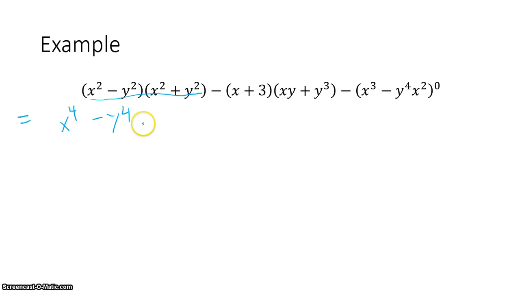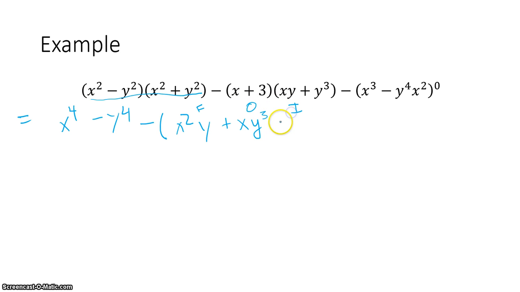Foiling out the next term, we get minus the quantity x squared y, so that's my f. I'm foiling again, remember I just have 2 polynomials, each 2 terms. So I do x times xy, then I do outside, I get plus x times y cubed, that's my outside.